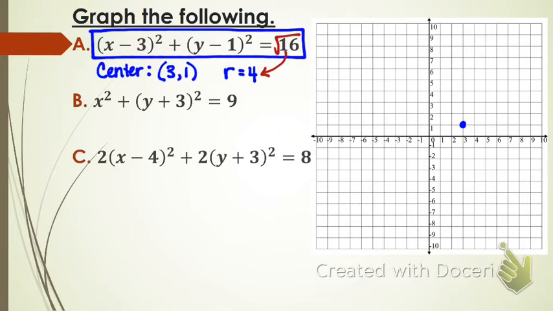So if I start at the center and I move 4 units to the right, that would be a point on my circle, because that's 4 units away from the center, right? I can do the same thing going to the left. 4 units to the left would be on my circle. Are there any other points that I could go on here that would be easy for me to plot so that I can sketch this out? Up and down. So I'm going to go up 4, 1, 2, 3, 4, and down 4.